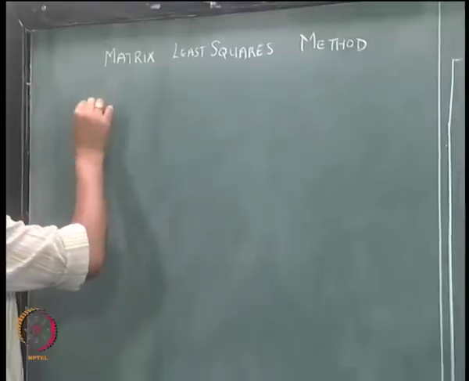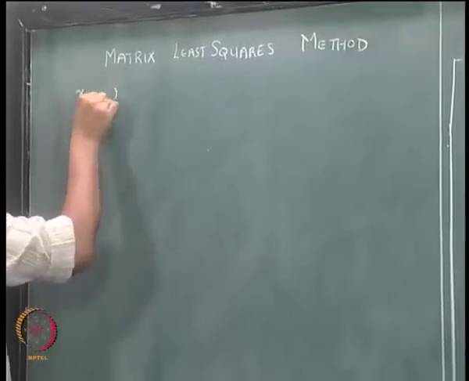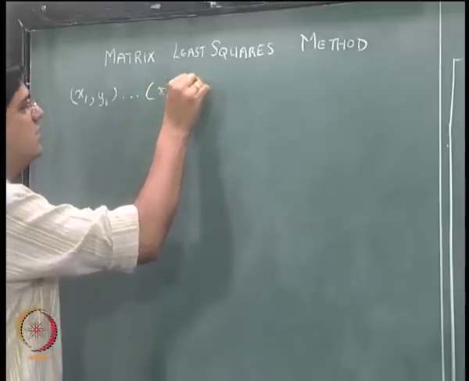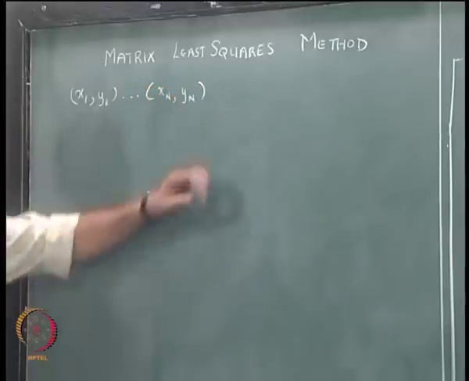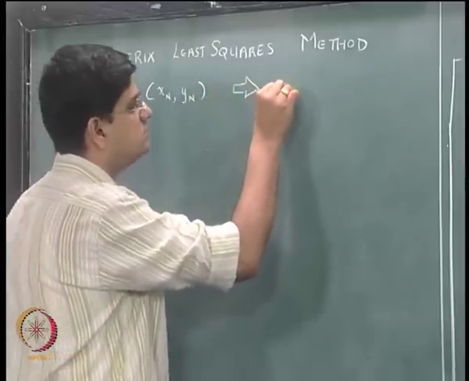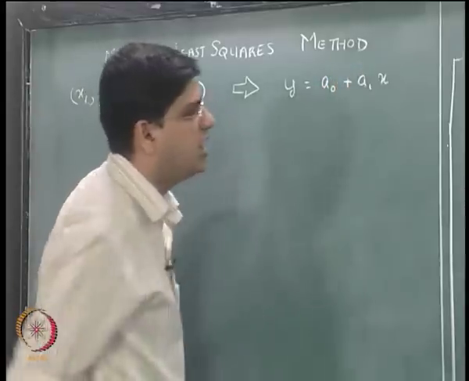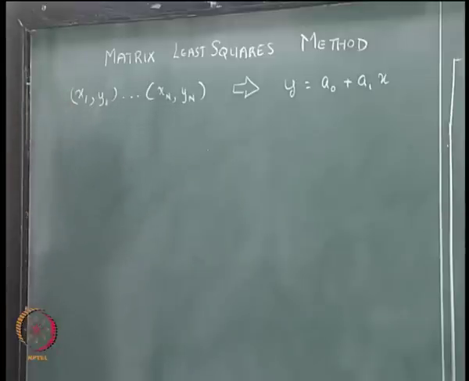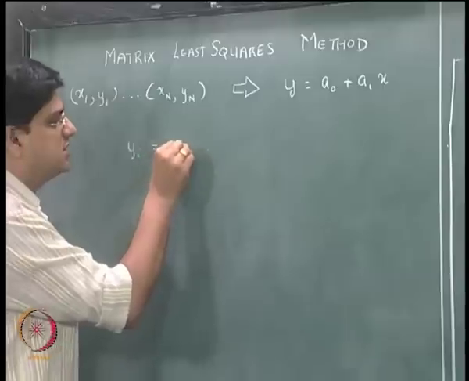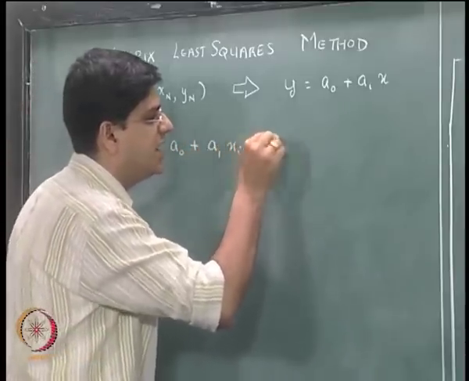We have the data x1 y1 and so on up to xn yn. We are interested in fitting the curve y equal to a0 plus a1x, okay. So the true data is going to be yi equal to a0 plus a1 xi plus ei, okay.